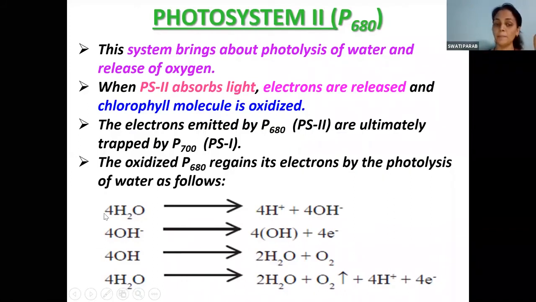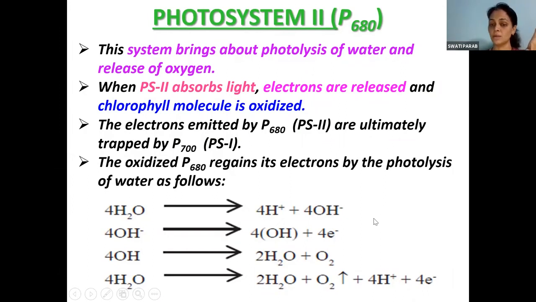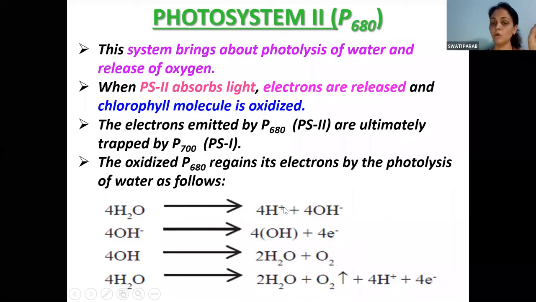Photolysis is the breaking down of the water molecule. You will see here how the water molecule gets split up. These reactions you will also study in chemistry in detail, I suppose. Here 4H2O breaks down to form protons and electrons, where protons are hydrogen atoms.